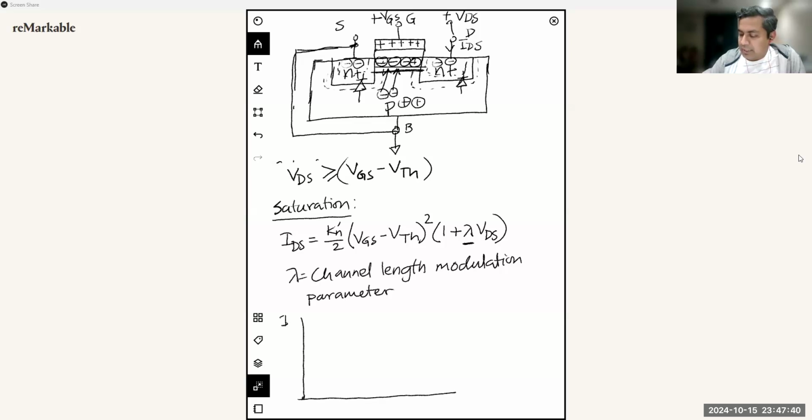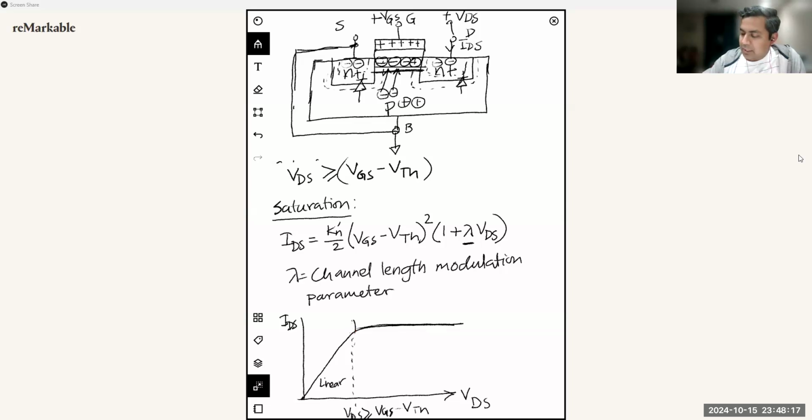When you have IDS on your y-axis and VDS on your x-axis for a particular gate voltage, you are supposed to see a curve like this where the current is going to increase linearly in the linear region, and then up to a certain point when VDS becomes greater than or equal to VGS minus VTH, you will see a constant current as long as you increase VDS.